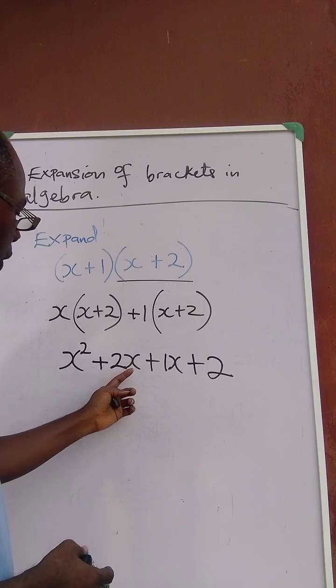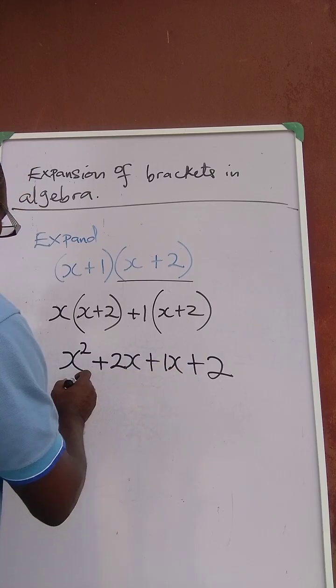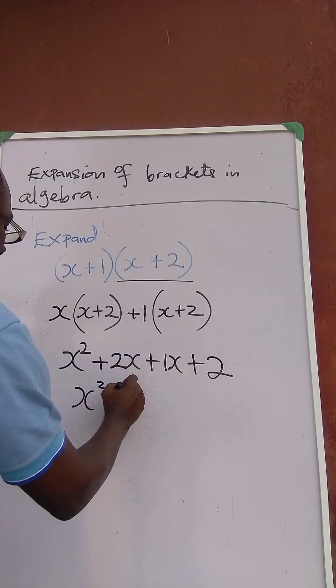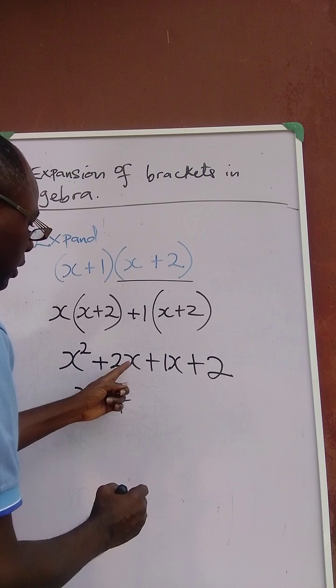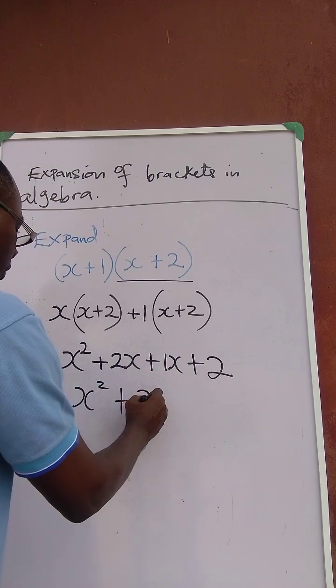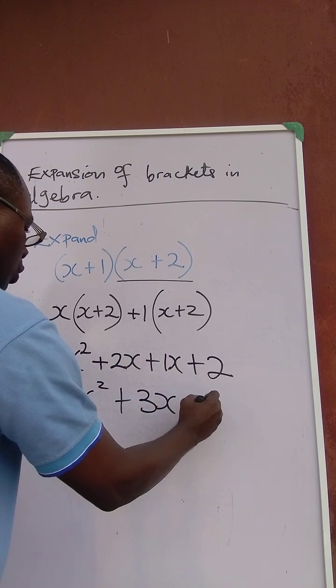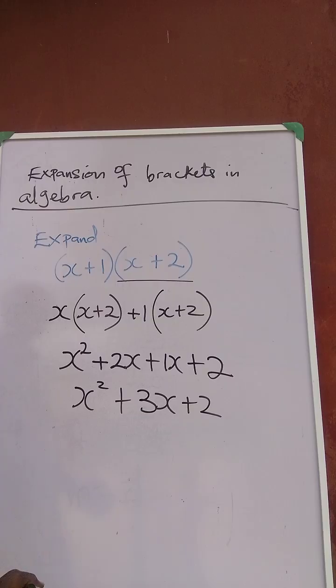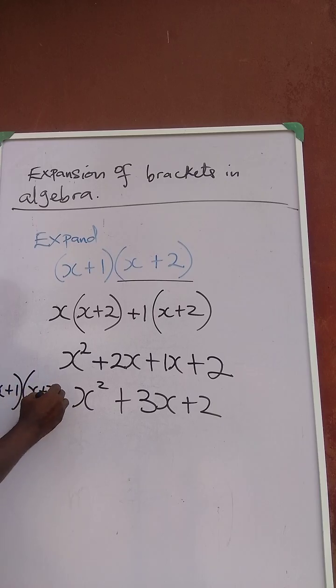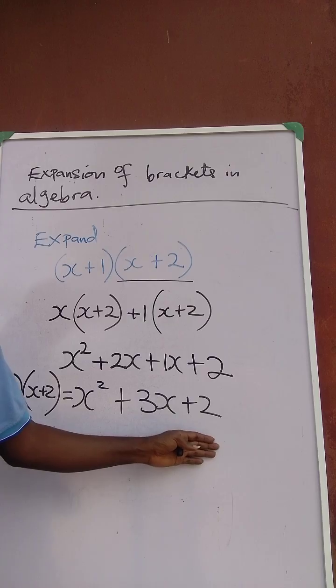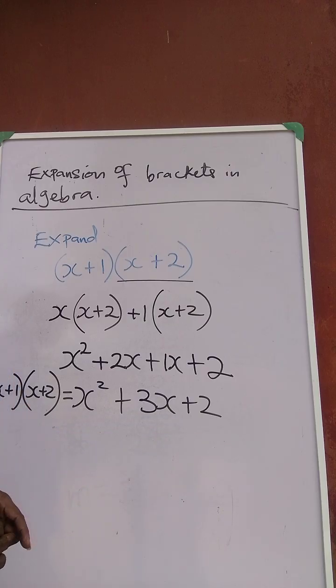You can see plus 2x plus 1x. What do we have? That will be 3x plus 2. And that is all. In other words, x plus 1 into x plus 2, when expanded, gives you this. And that's all for the expansion.